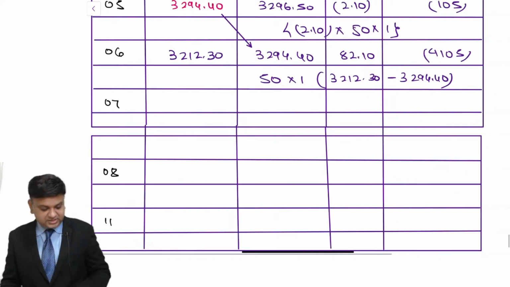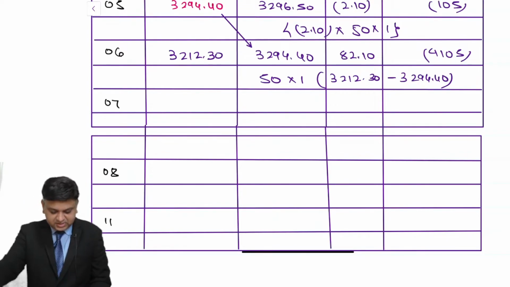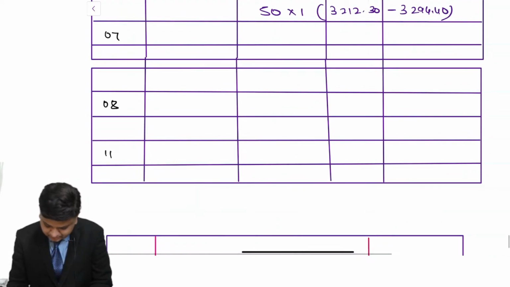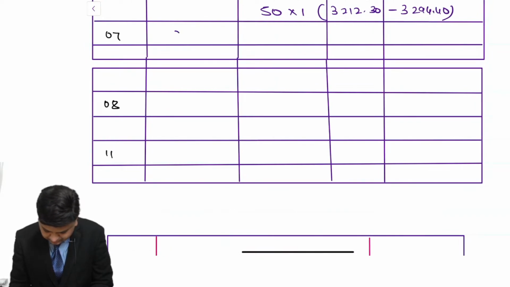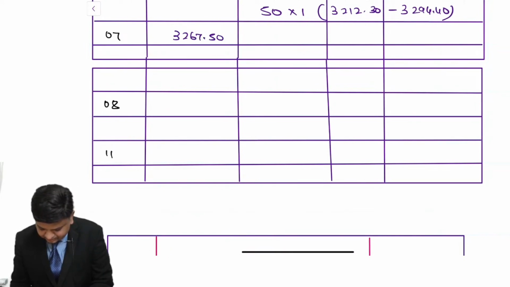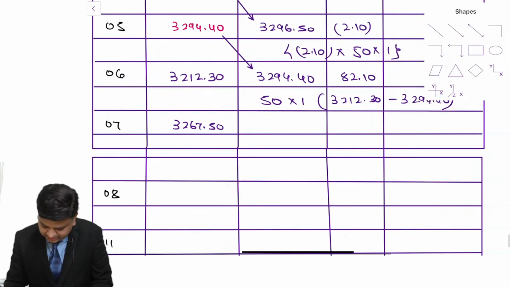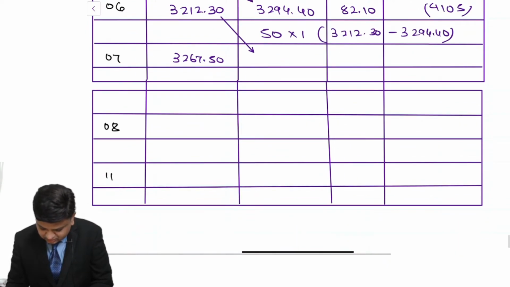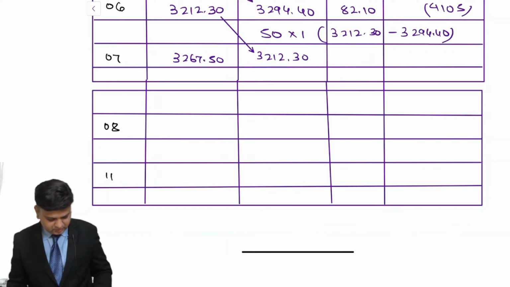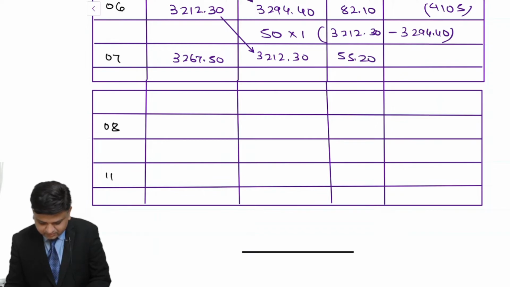So next day on 7th, the closing price is 3267.5. The purchase price is going to be 3212.30. So the difference of both of them is a profit of 55.2 into 50 into 1, that comes to 2760.